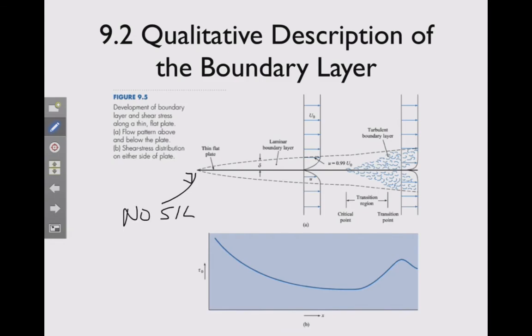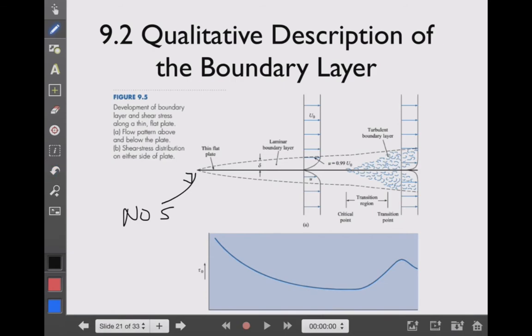That, if I can write it, the no-slip condition is what's causing this boundary layer. Because as the flow encounters the initial tip of the stationary plate, the velocity of the flow has to equal the velocity of that plate. So that is the no-slip condition, whether the plate is moving or not.